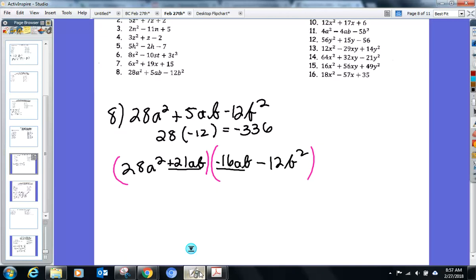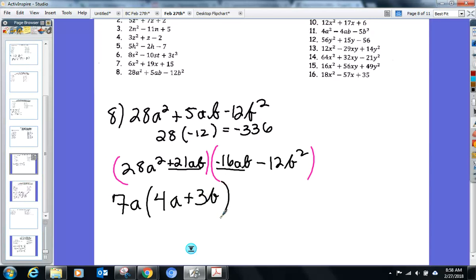What can I take out of that first one? 7, anything else? Don't forget about the variables. 7a, what's left? 4a plus 3b.